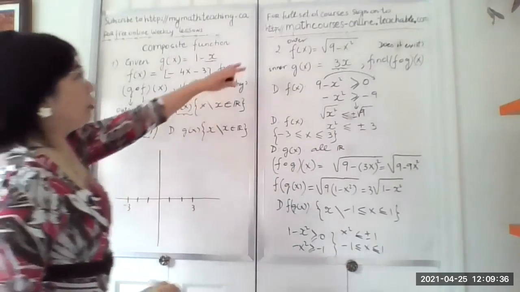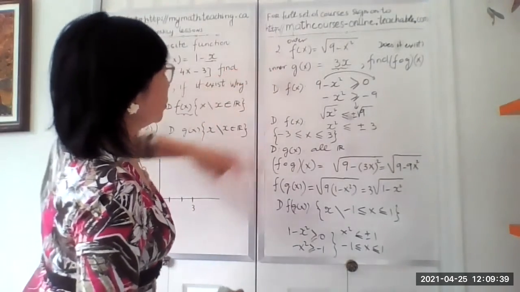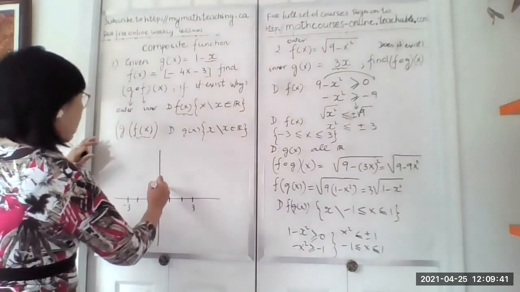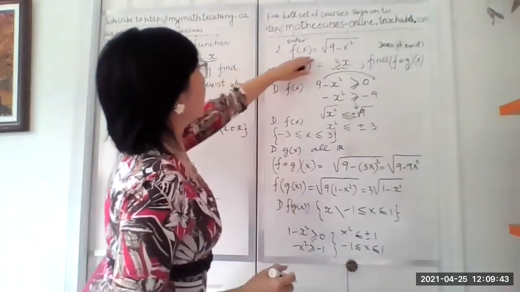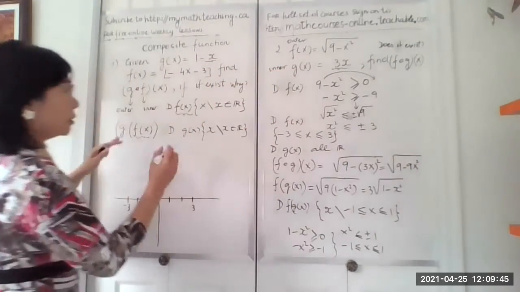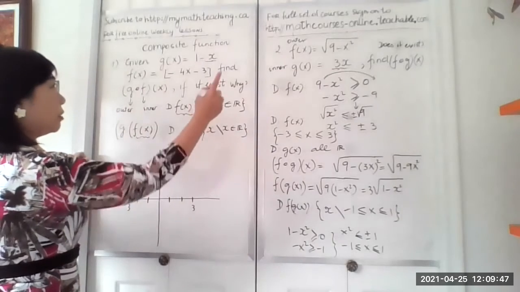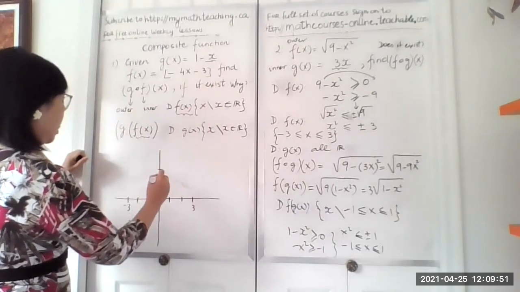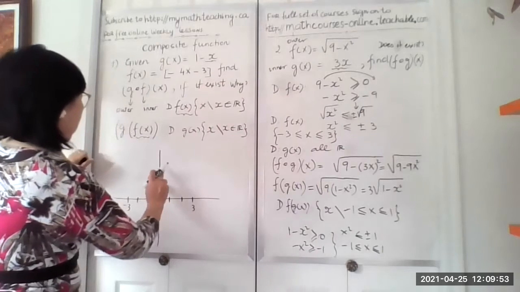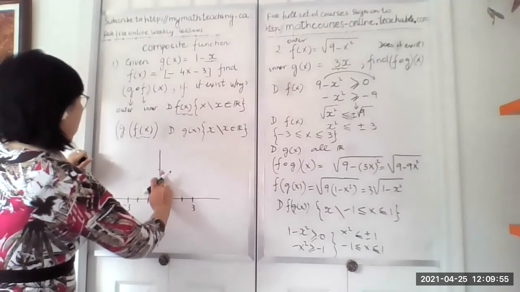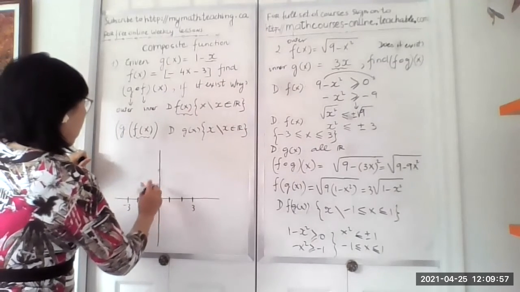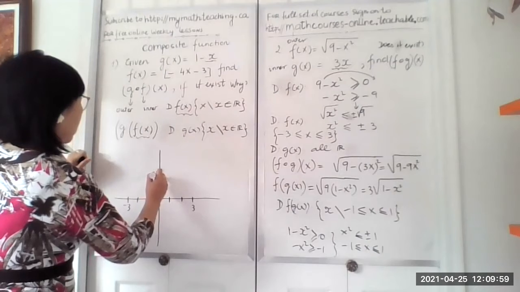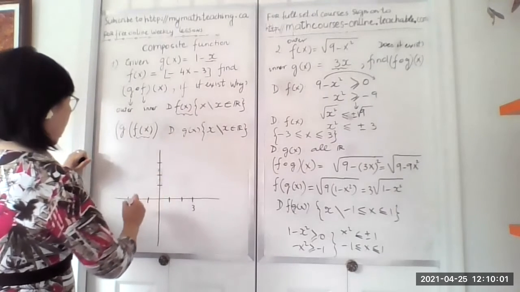So first, the outer function will have, this is the half of a circle, right? That's the half of a circle with the radius of 3. So 1, 2, 3.